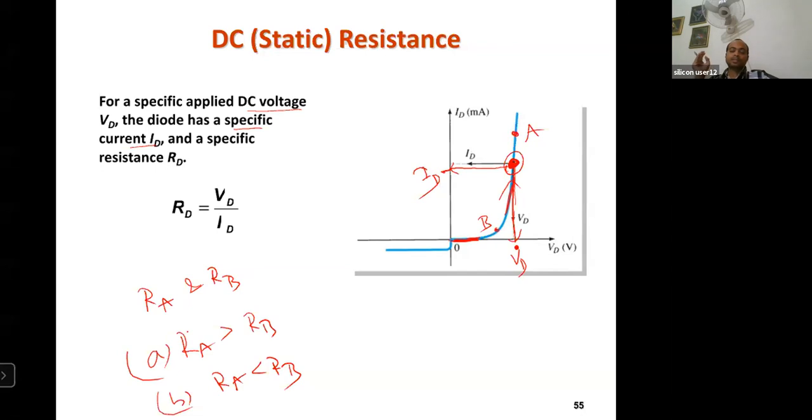That means its resistance is low on the higher side and resistance is more in the left side. Once it starts conduction, its resistance gets decreased. So you should know that RB is greater than RA.